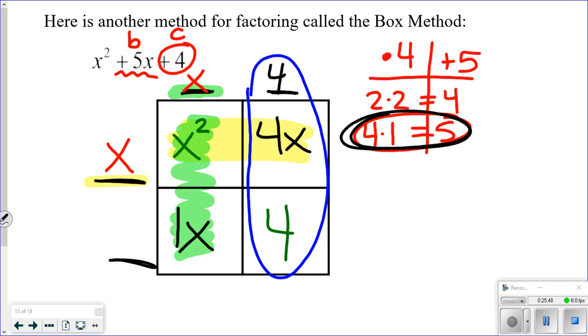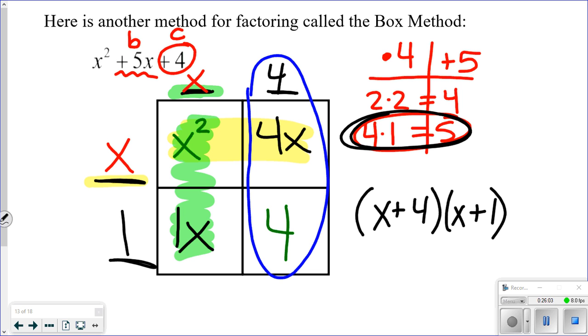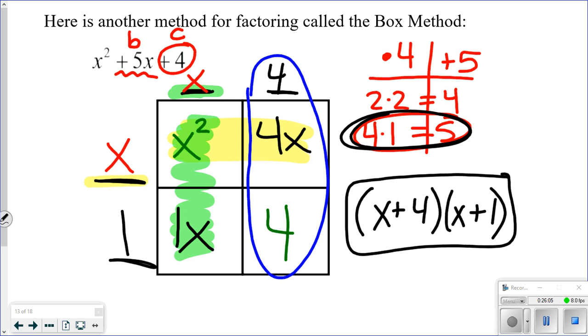X times what gives me 1x, or 4 times what gives me 4? That has to be 1. So my two answers here are x plus 4 and x plus 1. Right? I need whatever's in the top and the sides is the binomials, x plus 4 and x plus 1.